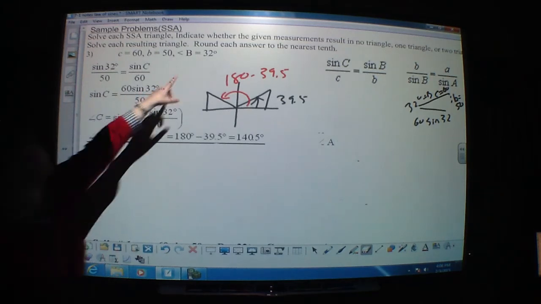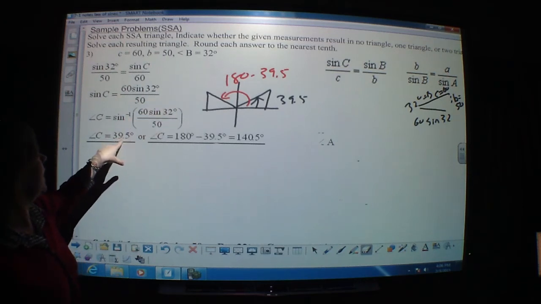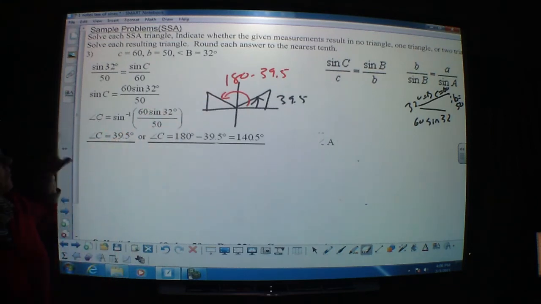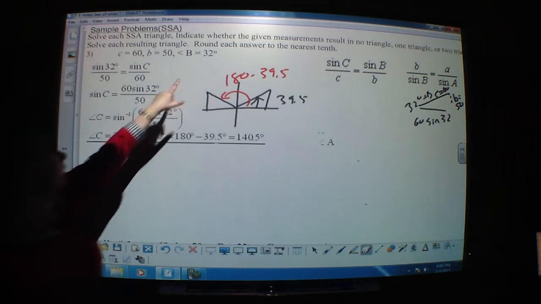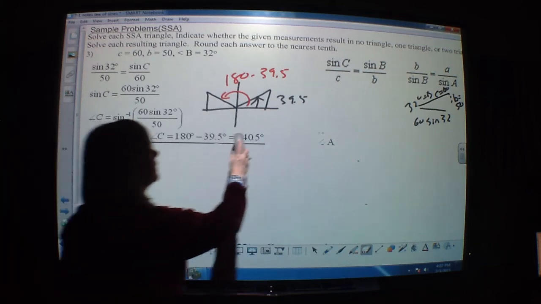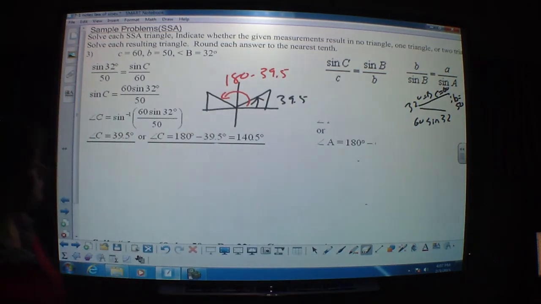So one angle is 32. C can be 39.5. The sum of those is less than 180, so yes, I could have another angle there, a triangle with that one. The sum of these two is also less than 180, so those could be 2 angles, and then I could have a third angle. Okay?